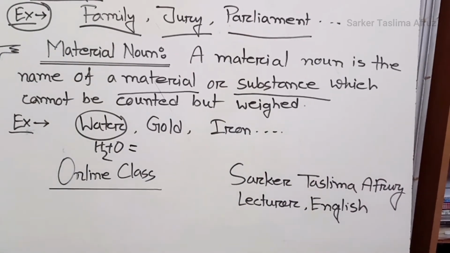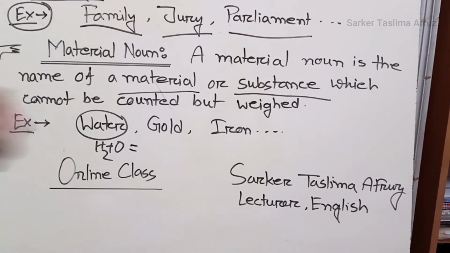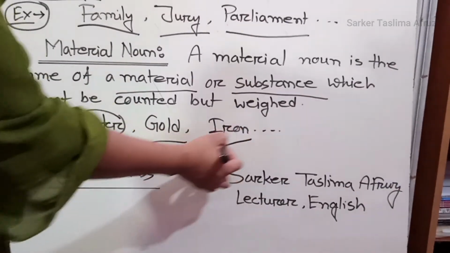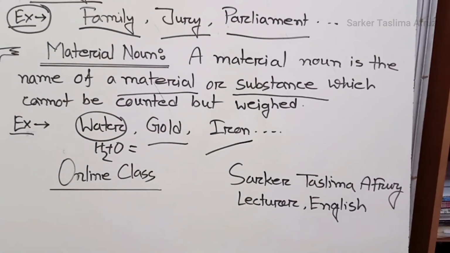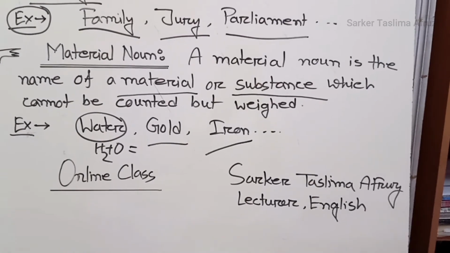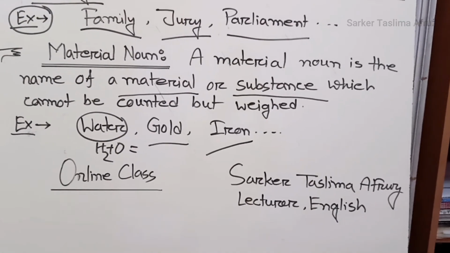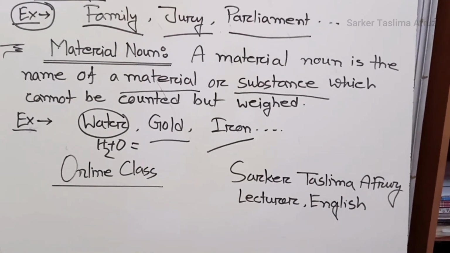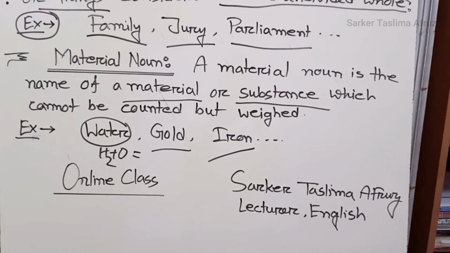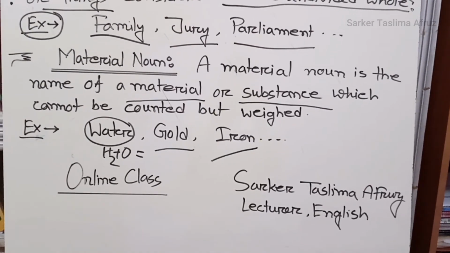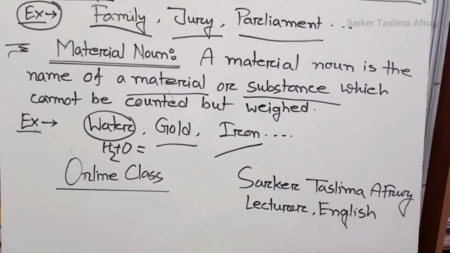That means water. So here we will get substance like this, gold, iron. So this type of words and names where we get substance are basically called material nouns, and always this is singular form.